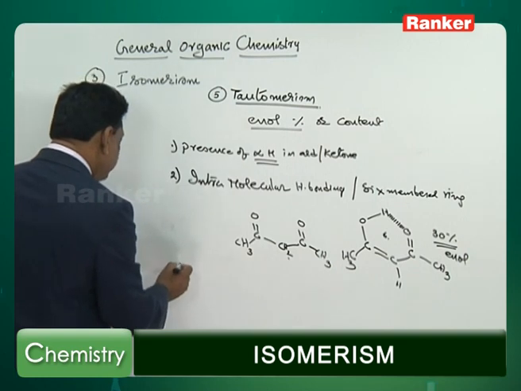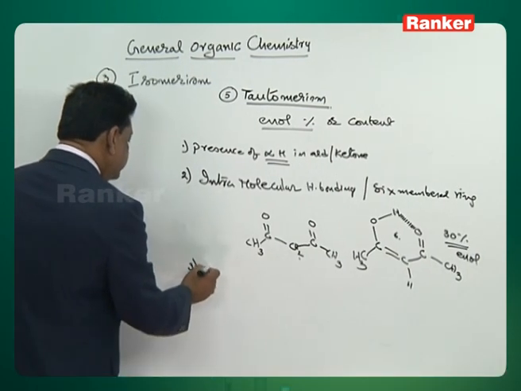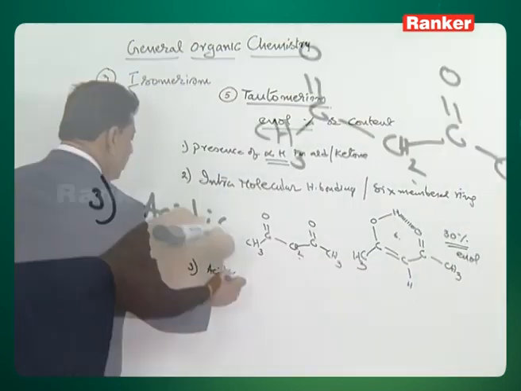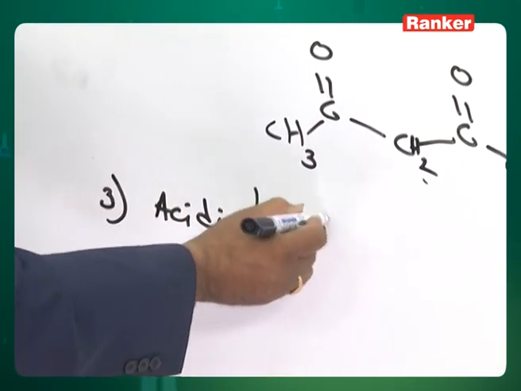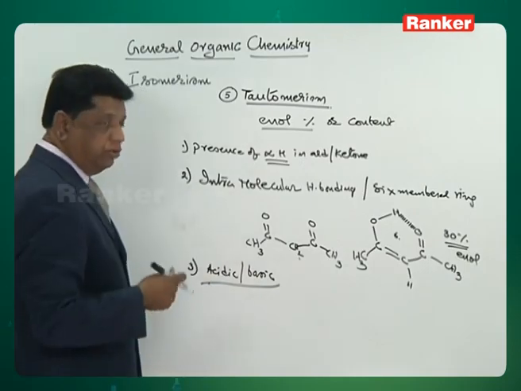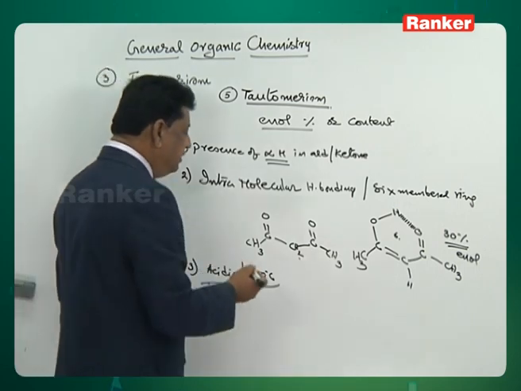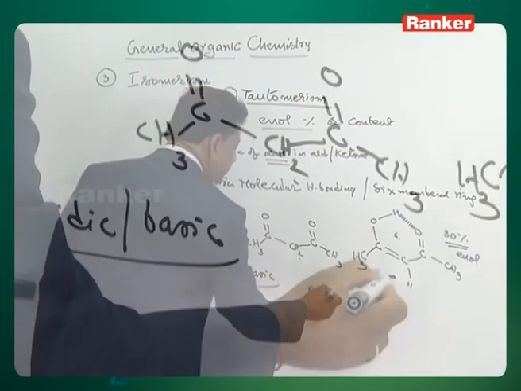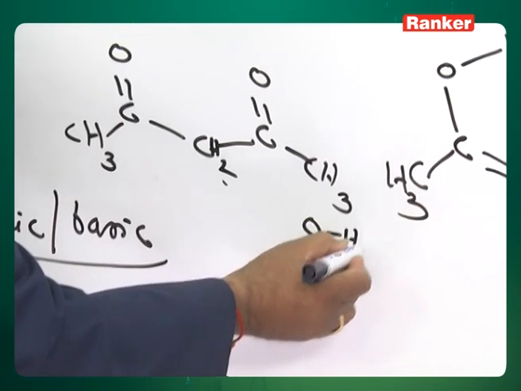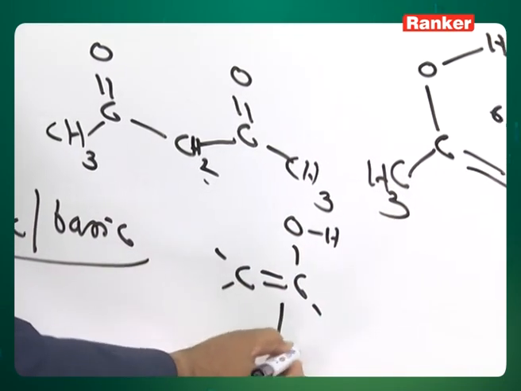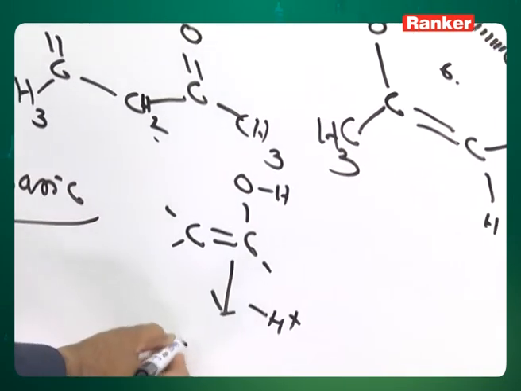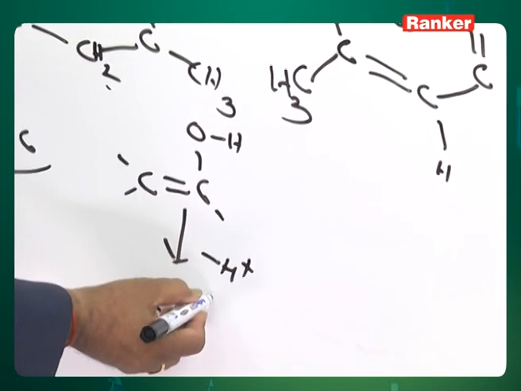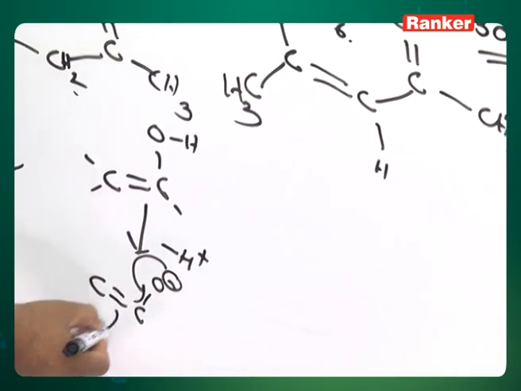We do have another point: the acidic or basic nature also influences. Enols will have an acidic character, because after losing the proton you will get an enoxide. Enoxide has better resonance stability.